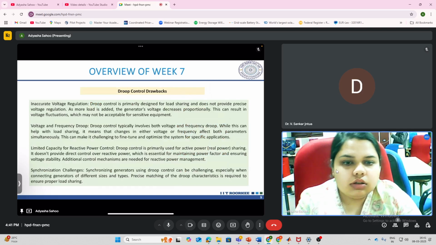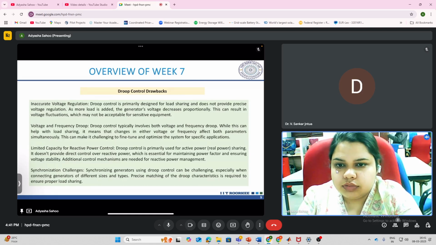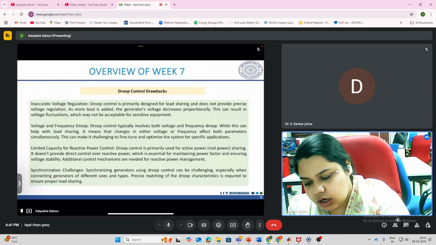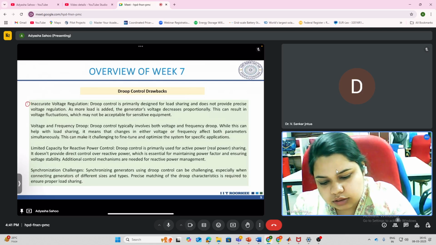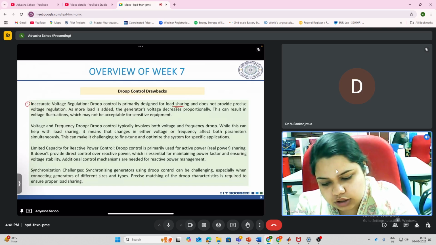Now, what is the problem with this droop control? This droop control works for load sharing, but it does not work accurately for voltage regulation.